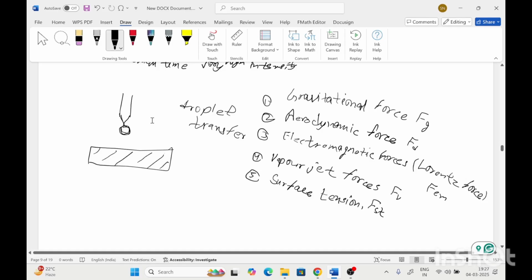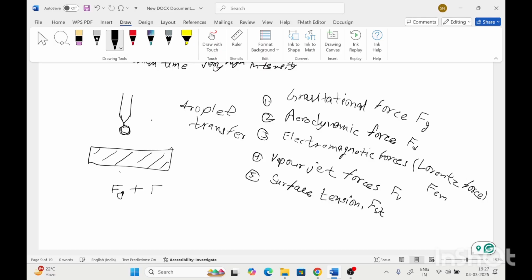Generally, the balancing equation between these forces is written as Fg plus Fem plus Fd is equal to Fb plus Fst.